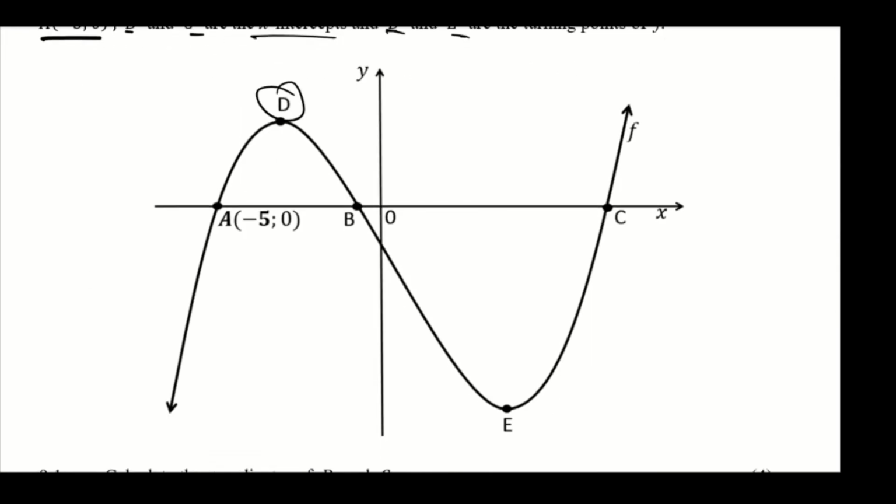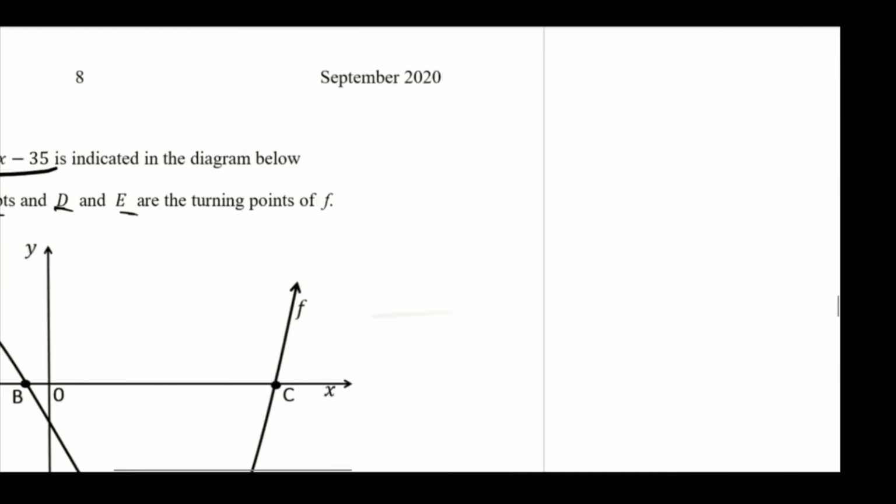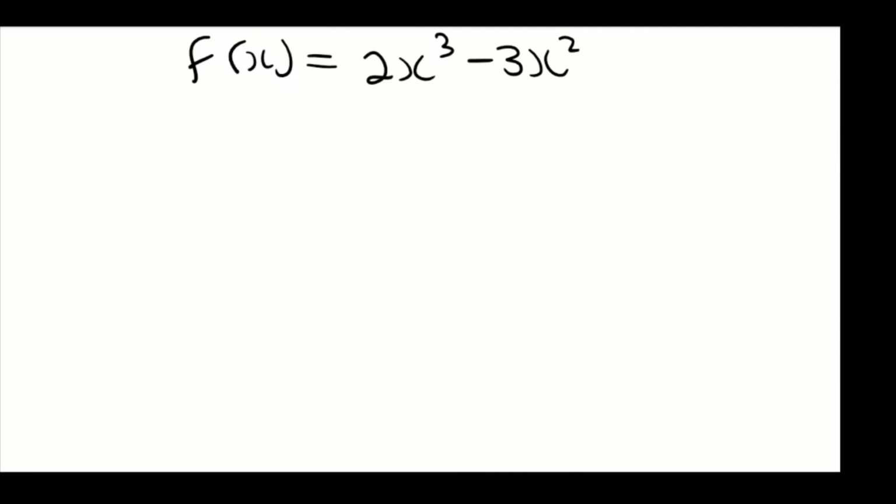So basically what it means is we need to find the derivative of this f of x, right? So we have f of x equal to 2x cubed minus 3x squared minus 72x minus 35, right?